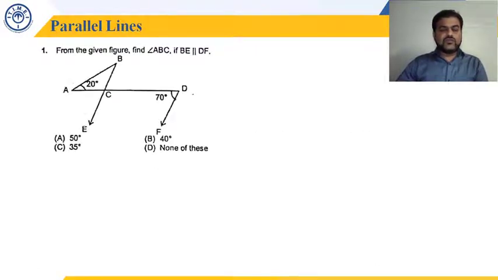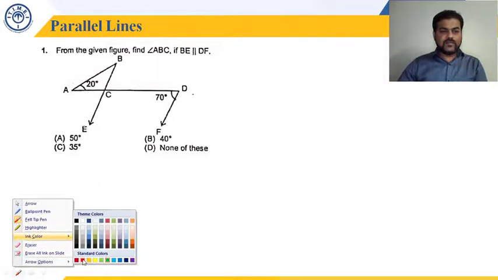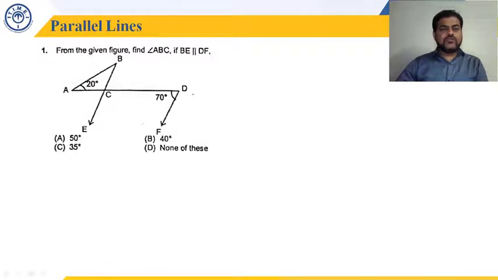Let's move on to a question. So this is question number 1 on your sheet. Let's try that question. So we have to find this angle ABC. So which is this angle? AB is parallel to DF. So this line is parallel to this line.